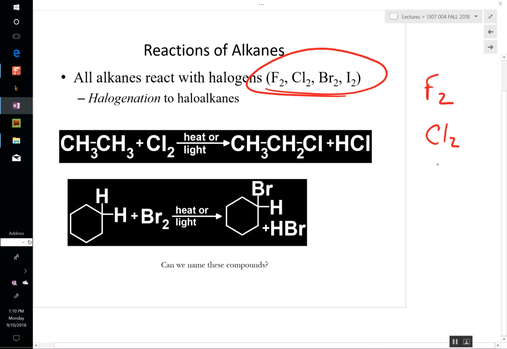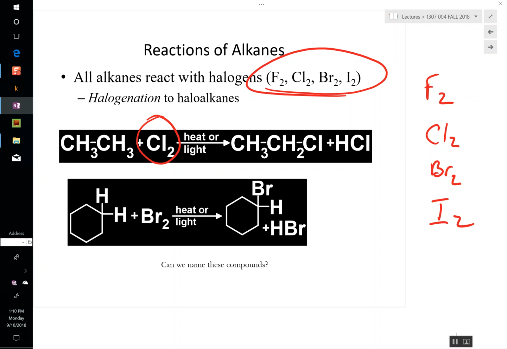Chlorine, Cl2, bromine, and iodine. So when we show something reacting with bromine, we write it as Br2. Or if it's chlorine, we write it as Cl2. Just like when it's reacting with oxygen, we write it O2 because oxygen is a diatomic element.